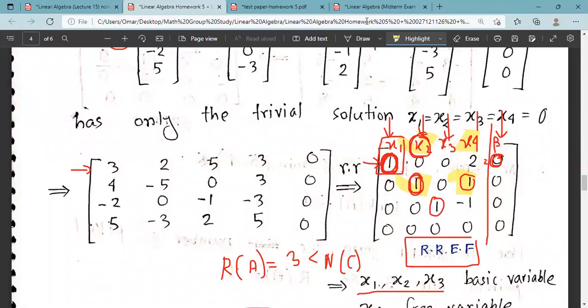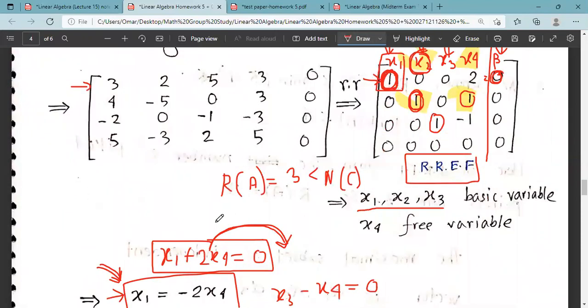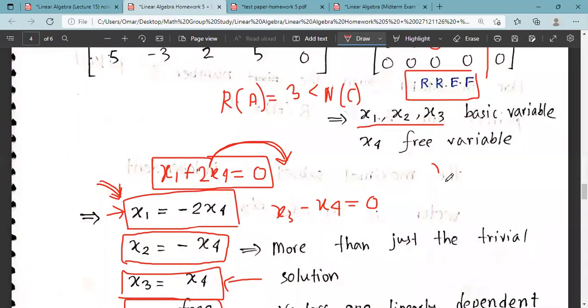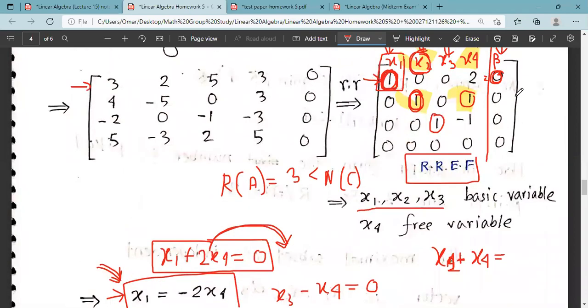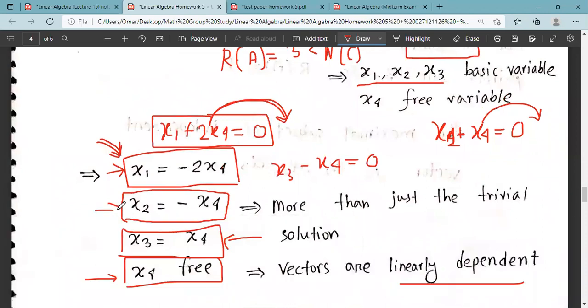So you can write x2 plus x4 is equal to 0, right? We have 0 on the right side. And then if you take x4 to the right side, you will get x2 is equal to minus x4.